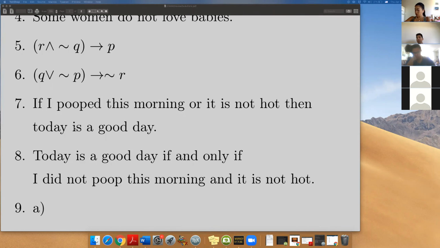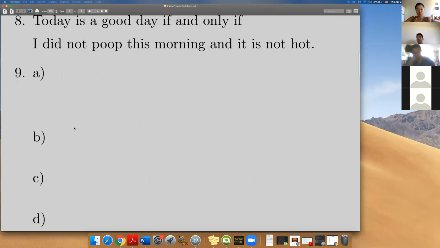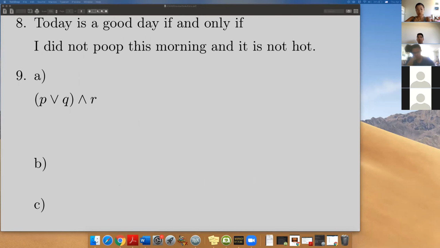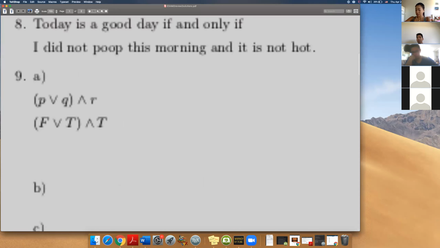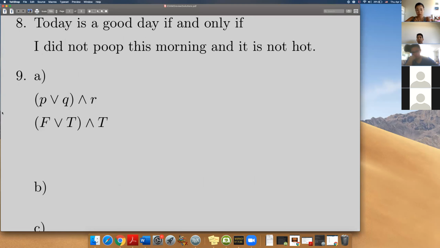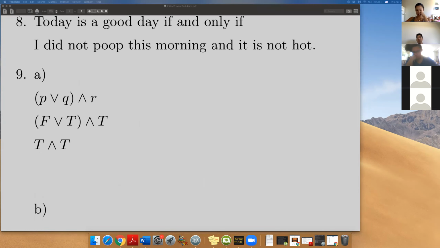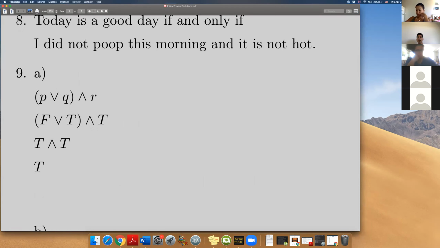As always, we start by writing our original statement and then replacing it with the truth values. So P was false, Q is true, R is true. Then we just work from the parentheses outwards, right? Parentheses first: false or true is true. And true and true is true. True and true and true, yeah, that becomes true, right? So the answer is just true.